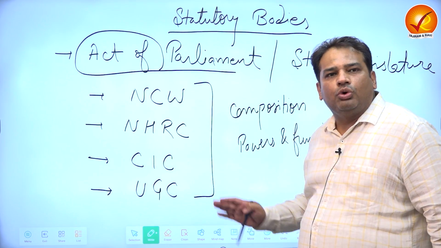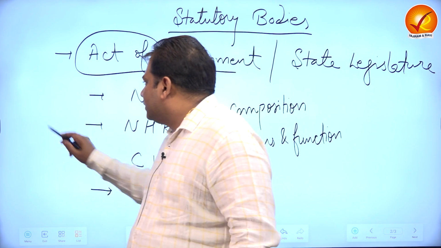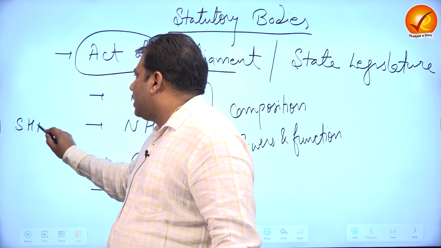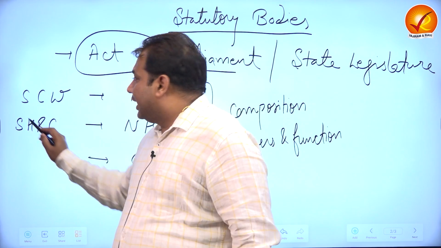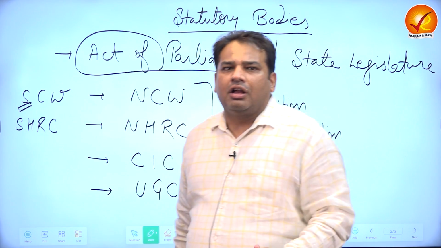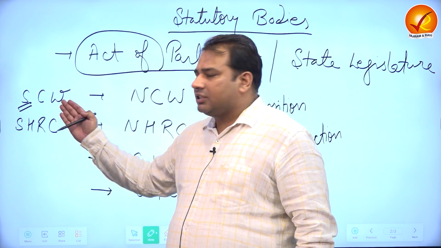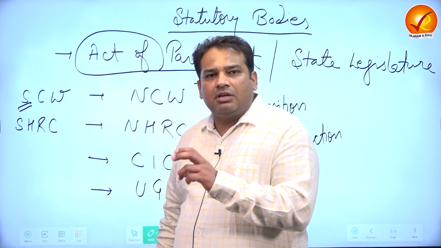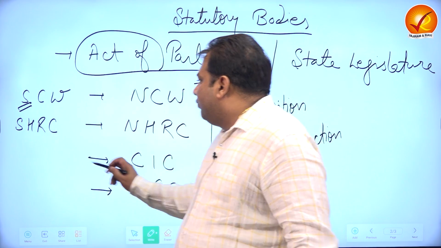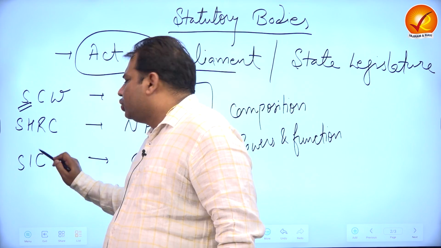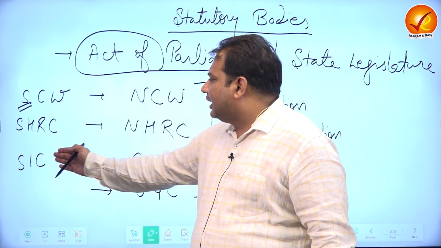At the state level, examples are the state human rights commission and state commission for women, like the Karnataka women commission and Delhi commission for women. Jammu Kashmir Human Rights Commission will be in this category, and every state usually also has a State Information Commission created under the RTI Act.